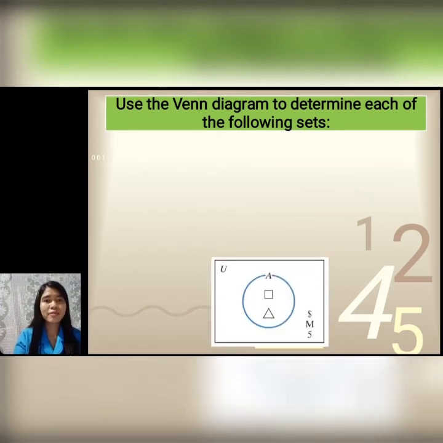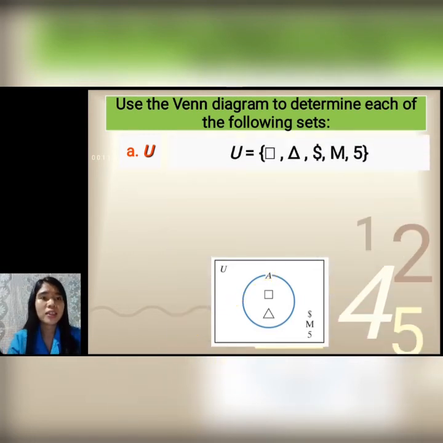Okay, so we have here an illustration. Now we're going to get the union of sets or the universal set. So when we say union or universal, we have to get all the elements in this Venn diagram. Next, we have to get the A complement.